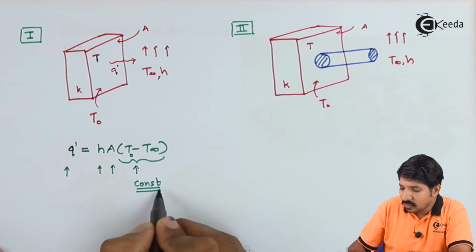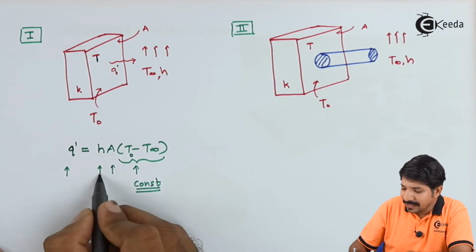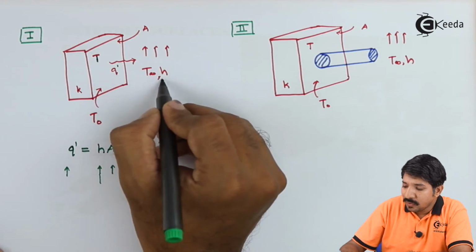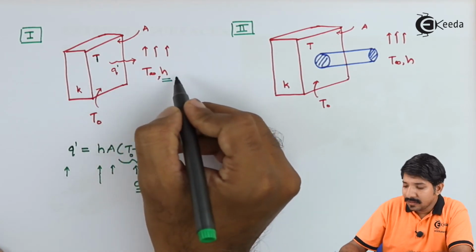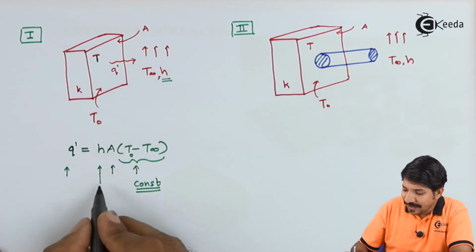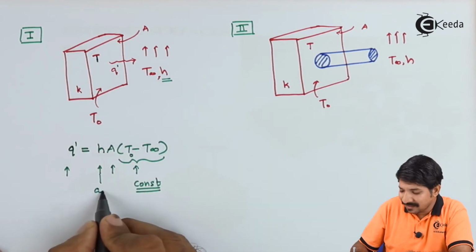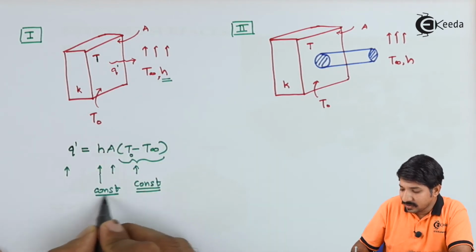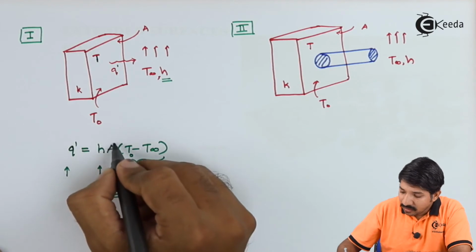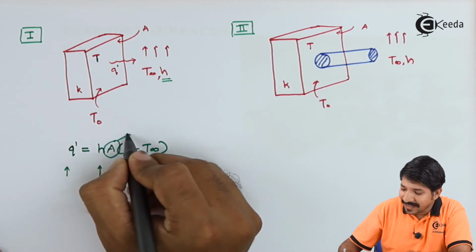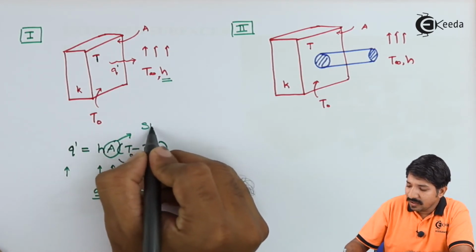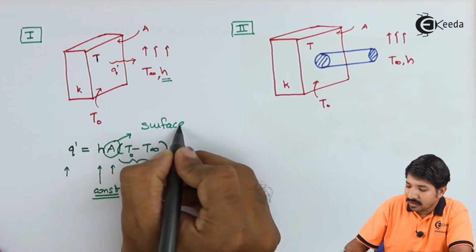We cannot change this part. Similarly, the fluid that is flowing around the slab is not changing, hence the value of H also can be considered as constant. So what is left is this. Now this A stands for surface area.